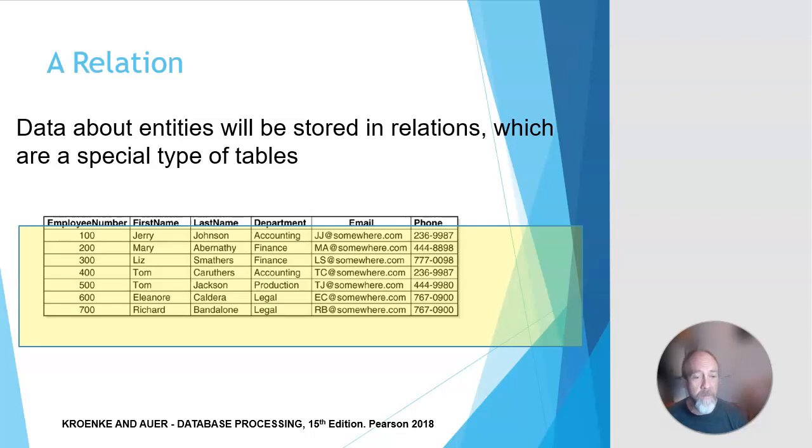These are descriptive pieces of information about that specific entity. They have a relation to that entity. They may also have a relation to other entities like the department. There's going to be more than one person possibly in accounting or finance, as you can see, but they have a relation to the entity that you're describing, because the entity in that row, in that tuple, is a member of that department.